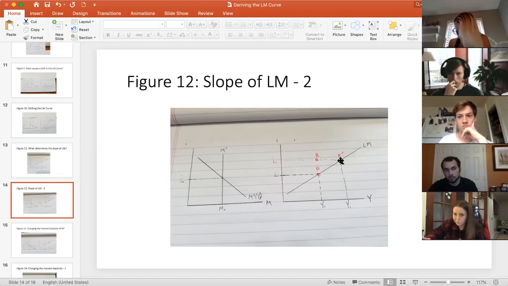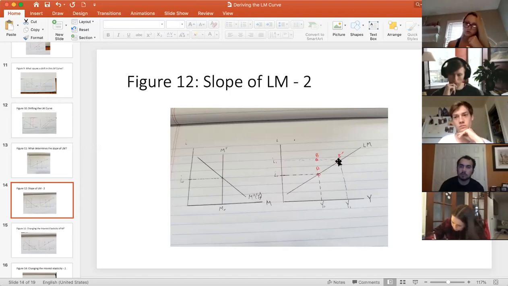Sid? Money demand fell further. How much does GDP have to rise to bring it back up to where it started? It would have to rise even more. Correct. So instead of B prime, we're going to end up out here at C, say.